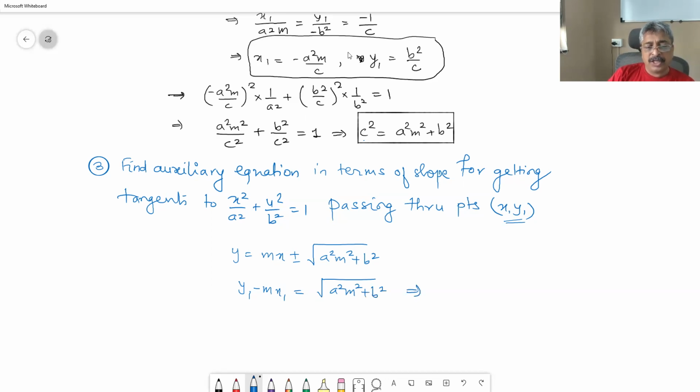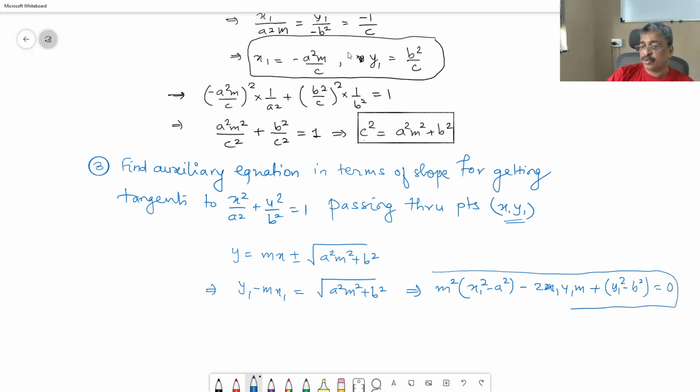This should give us a quadratic in m: m square into bracket x1 square minus a square, minus 2 x1 y1 m, plus y1 square minus b square is equal to 0. This is your quadratic equation, which if you solve, you will get two slopes and you will get two tangents.